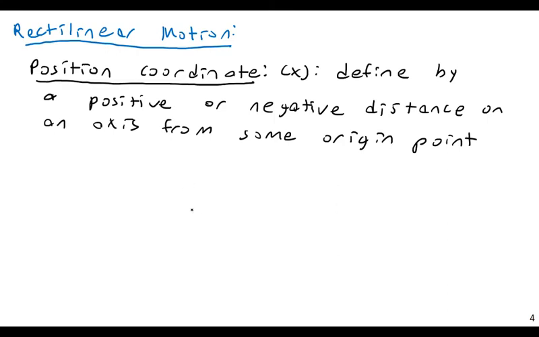And that's fairly straightforward. And again, the motion of a particle, if I actually want to define it, is really the change in its position to a certain value at some time t.